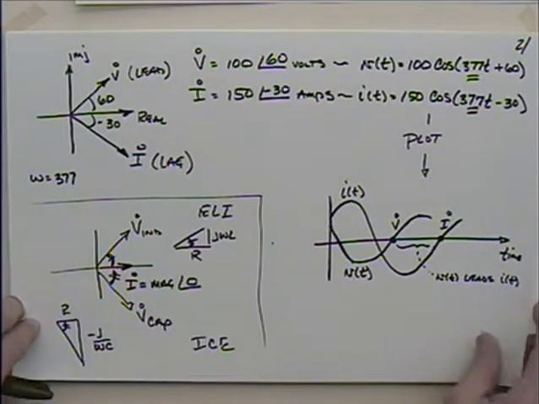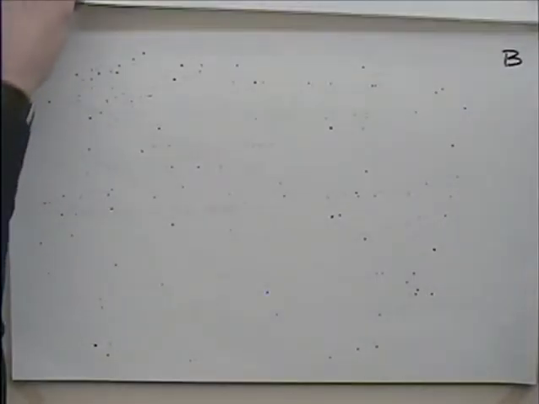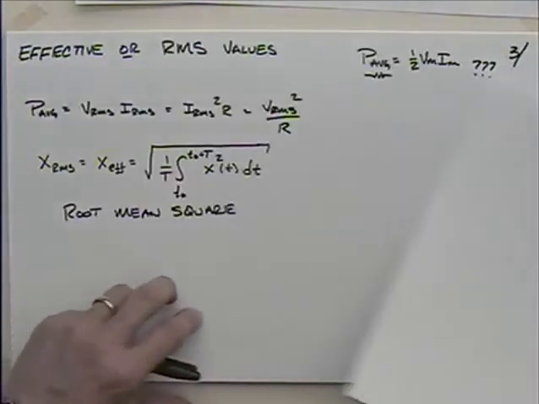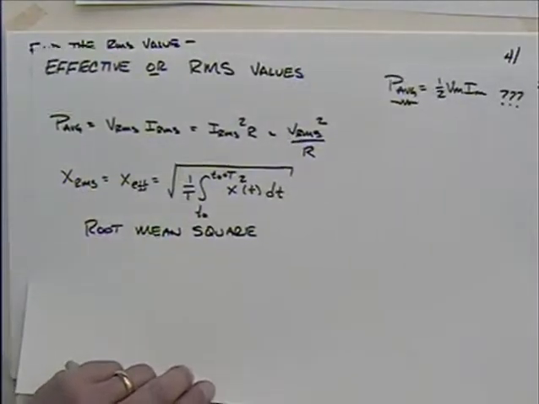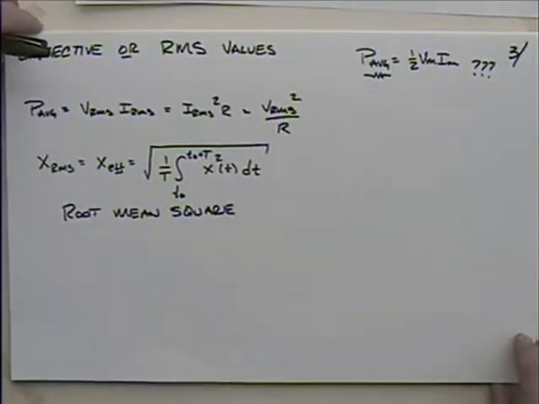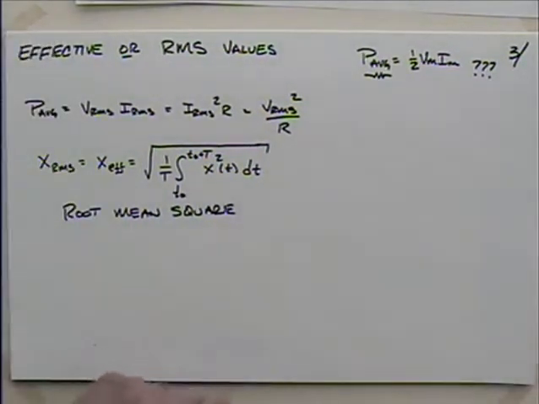Okay, so that was a bit of an aside there, but I think important. Let's move back to power. And one of the things with power is keeping track of all the names. The next thing we're going to talk about is RMS, or effective value.